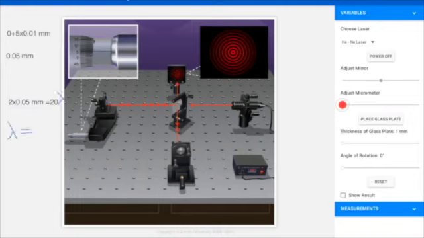And convert your answer into nanometers. 0.005 mm, convert it to nanometer. So it will become 5 into 10 to the power minus 6, so it will become 5000 nanometer.